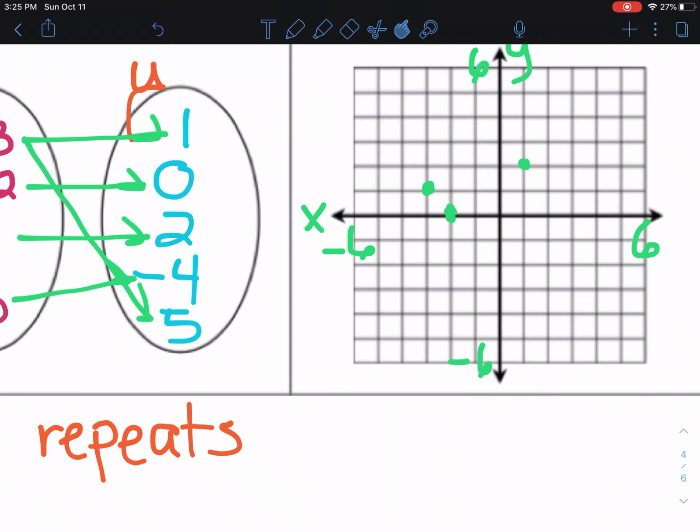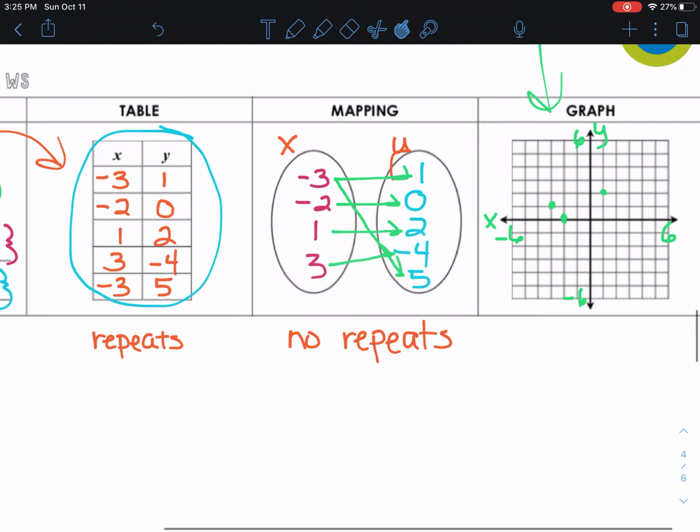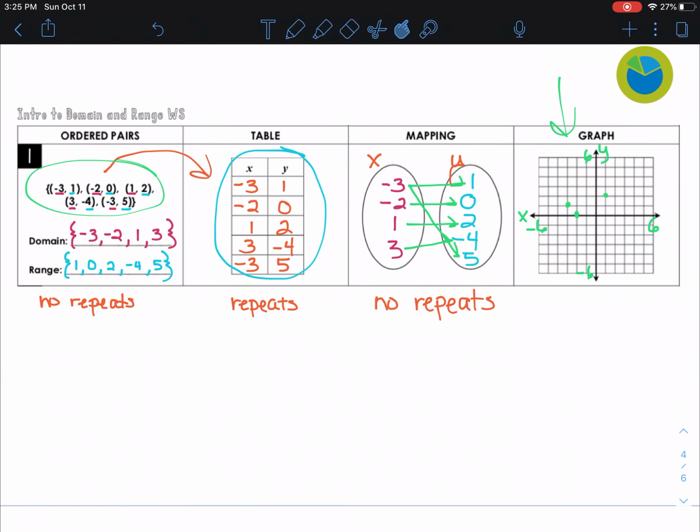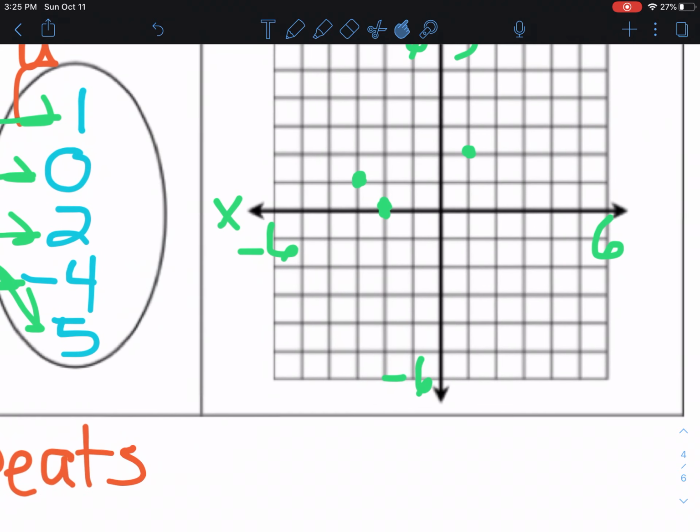All right. Now, 2 more. Our last 2 are 3, -4 and -3, 5. So 3, -4, 3 units this way. -4 is 4 units down right here. All right, now we're going to make a dot right there.